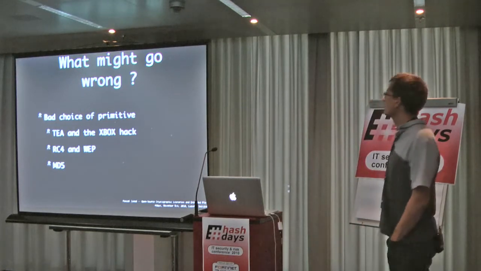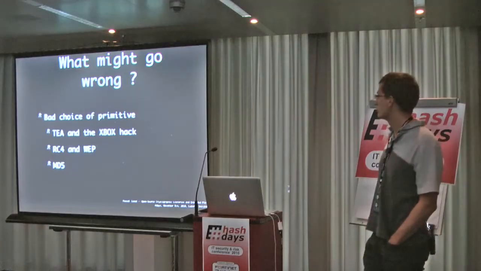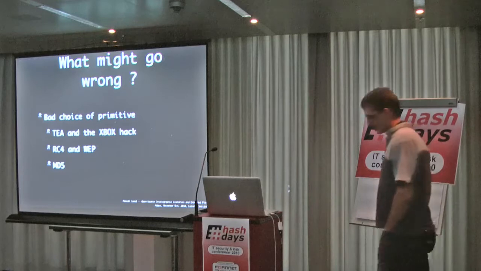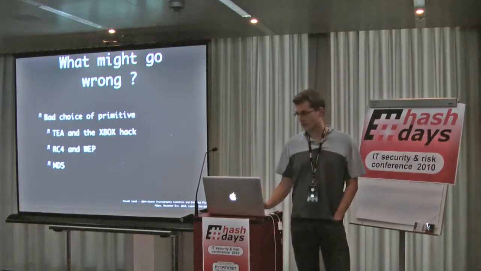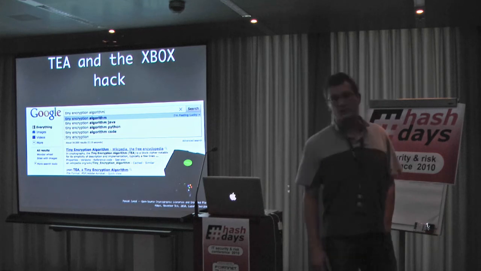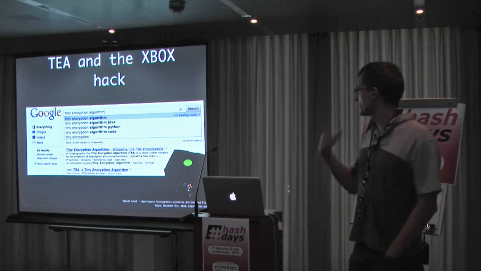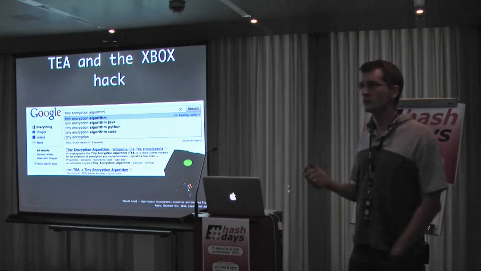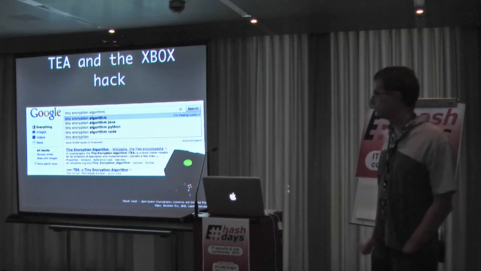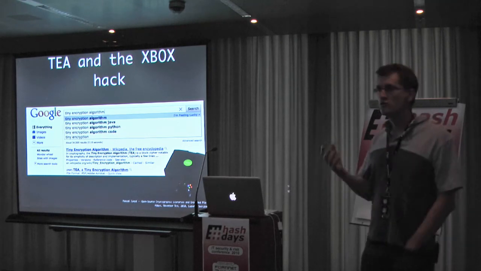One of the first examples is just a bad choice of cryptographic primitive. Let's take, for instance, the case of the Xbox. The story tells that the developers of the Xbox security function, the developers of the secure boot algorithm, had to find a tiny encryption algorithm because they didn't have much room to implement it.